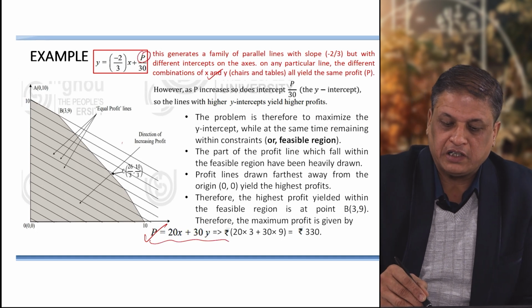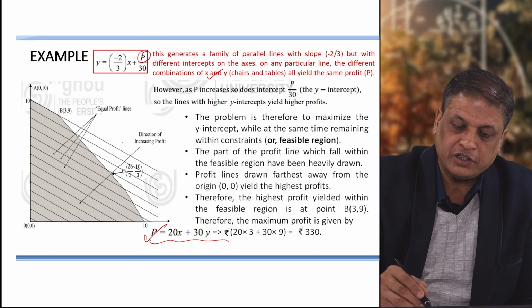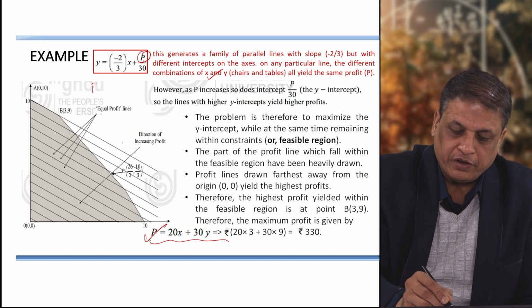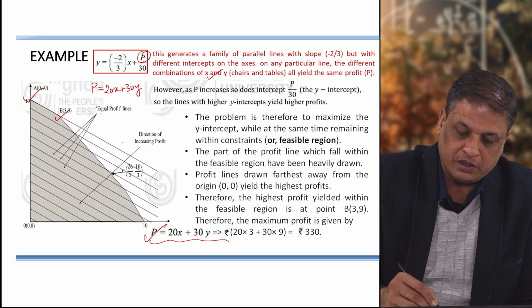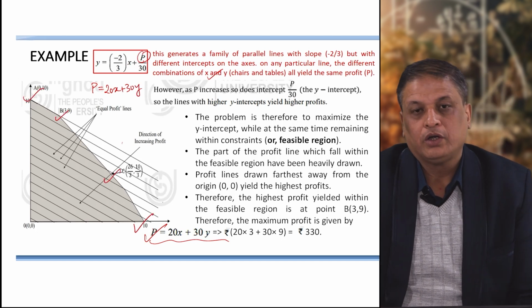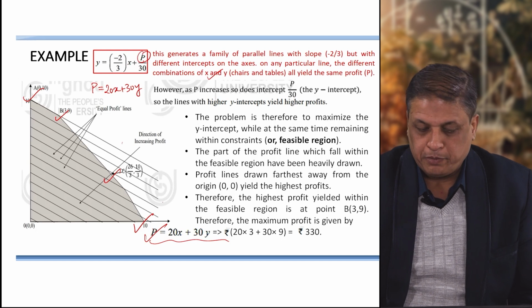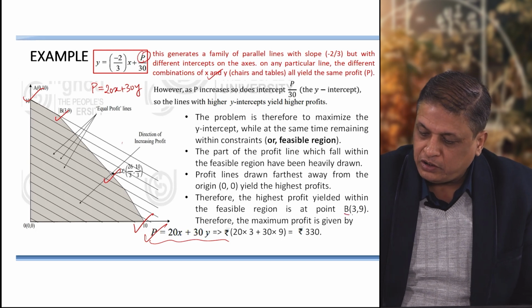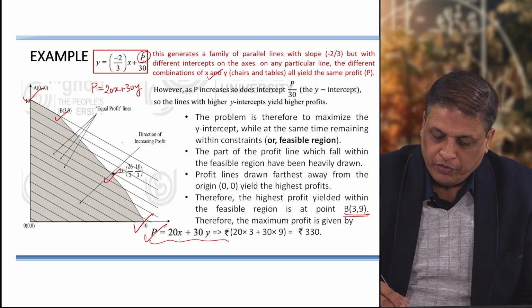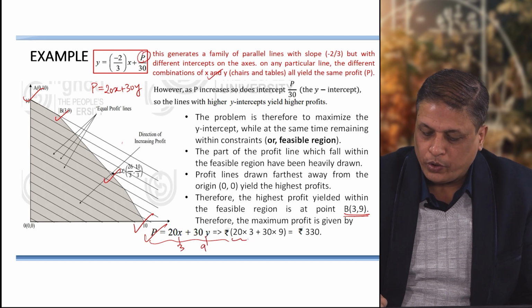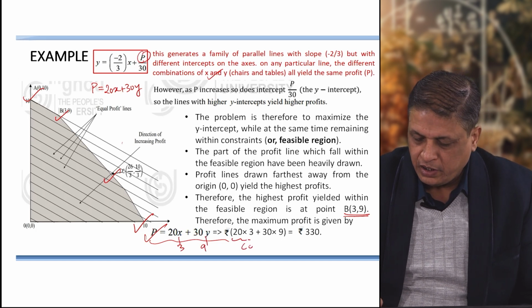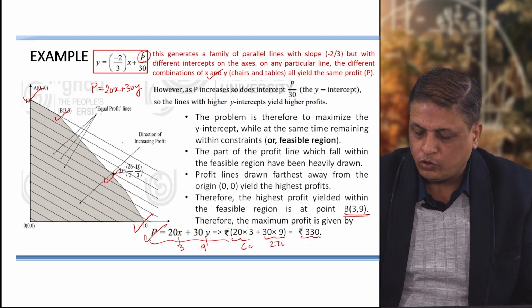So evaluating this value of p, given by the equation 20x plus 30y, at different points, you can find at which point it is maximum. At point 3, 9, if we put x is equal to 3 and y is equal to 9, you will get 20 into 3 is 60 and 30 into 9 is 270, that turns out to be 330.